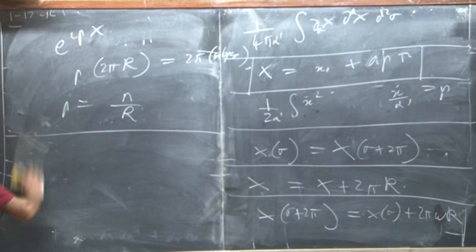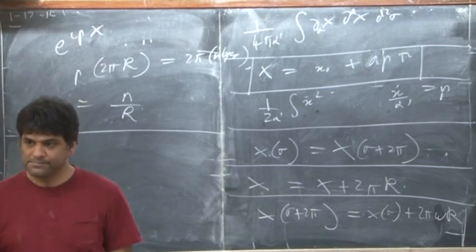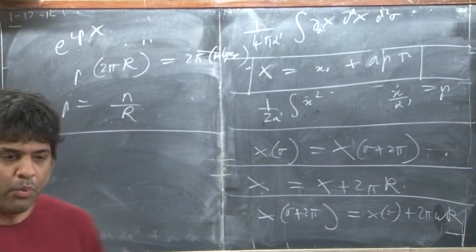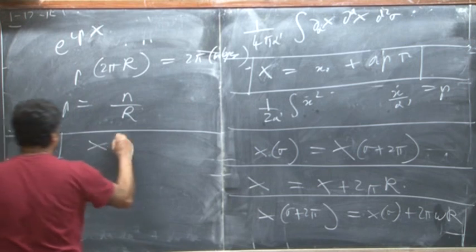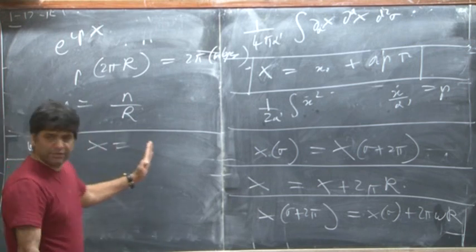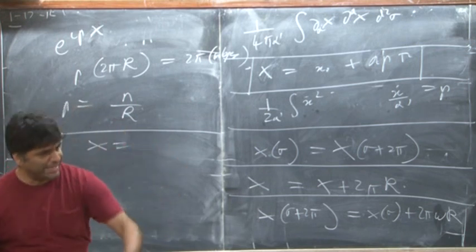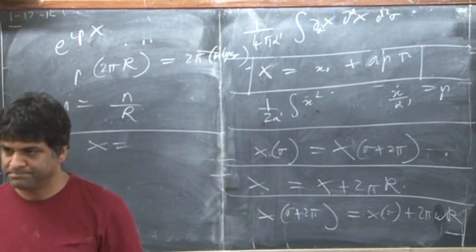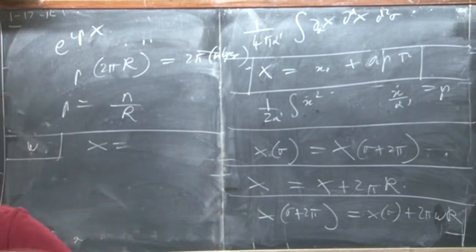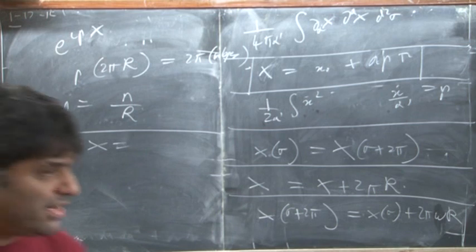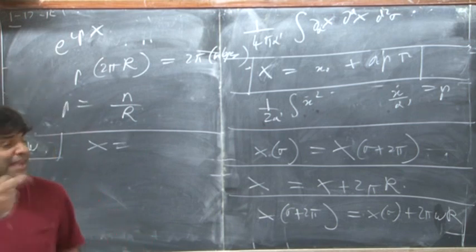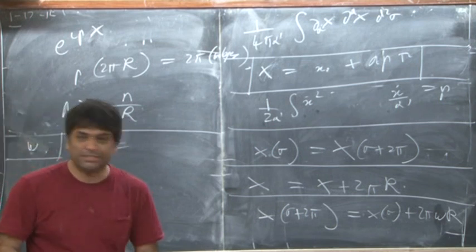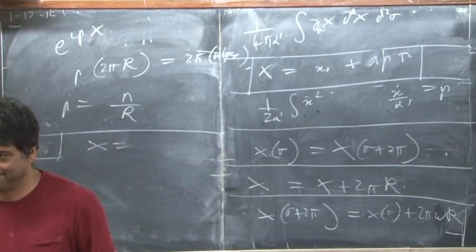Suppose we want to sit in winding sector W. What I'm going to do is to have x equal to some configuration that has winding number W plus x tilde, which will then expand into an arbitrary Fourier expansion for a single valued x field, because we've already got the winding that we want.